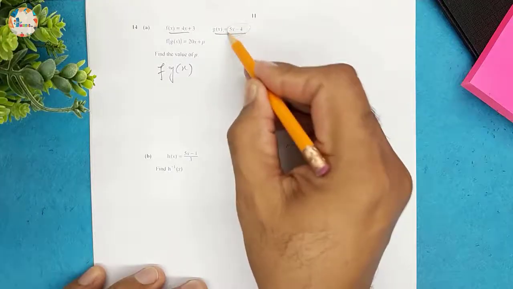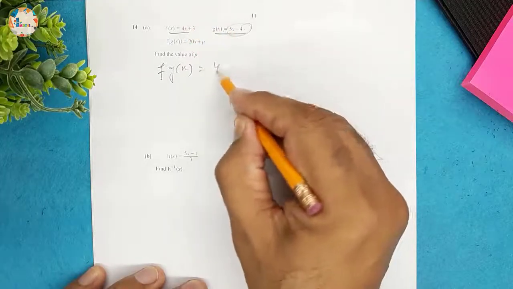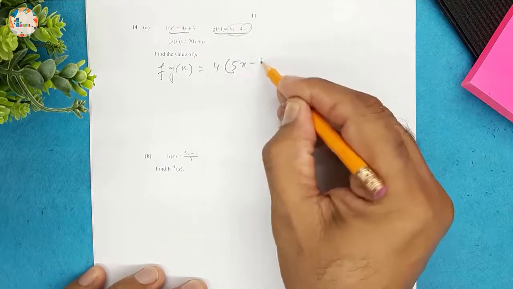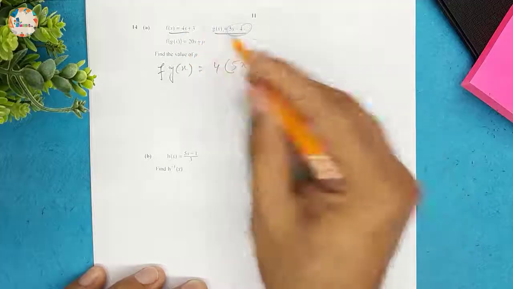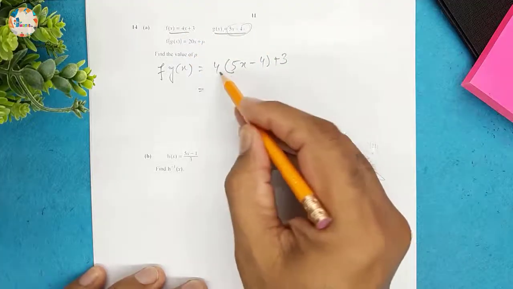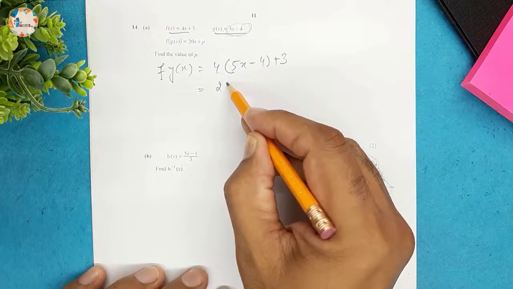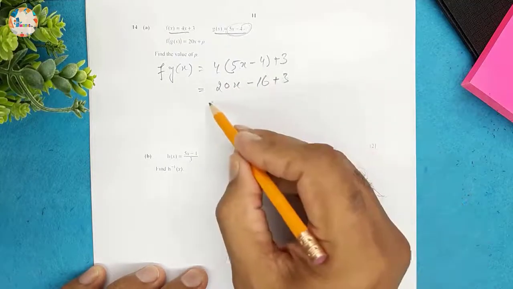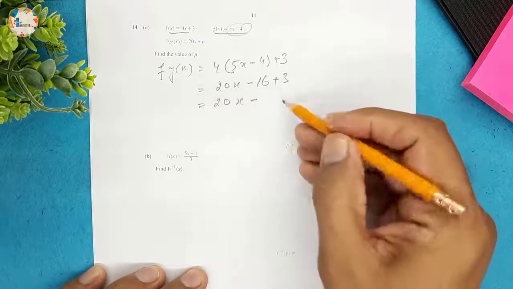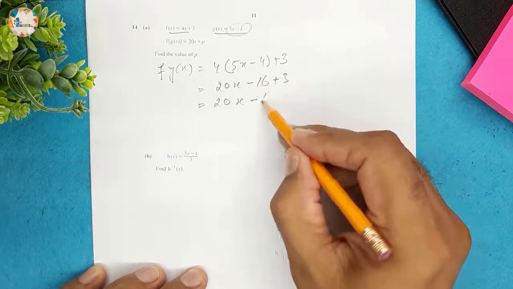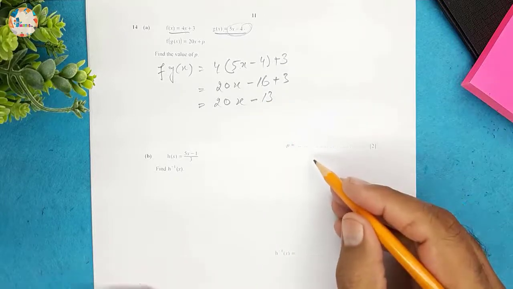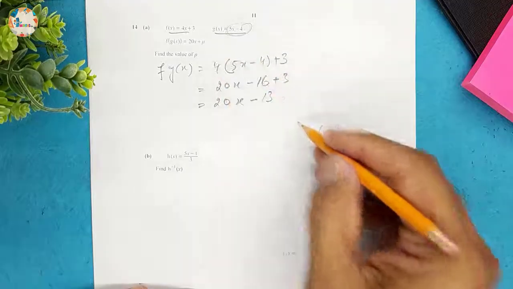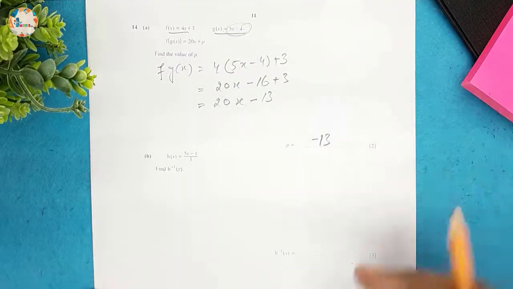We replace x by 5x minus 4, so this will be 4 into 5x minus 4, plus 3. If we open this, it will be 20x minus 16 plus 3, which is equal to 20x minus 13. So the p value is minus 13.